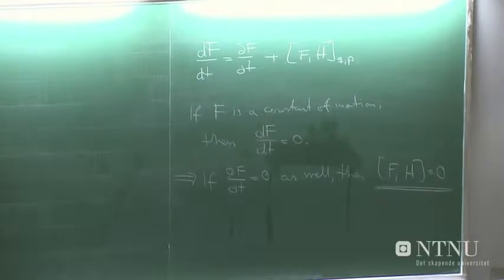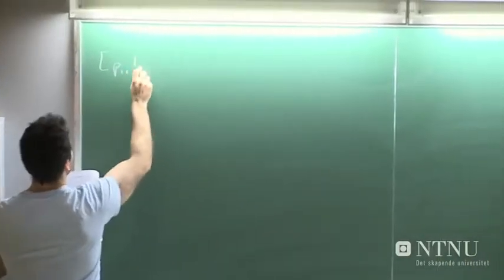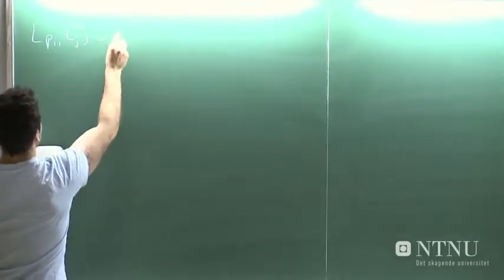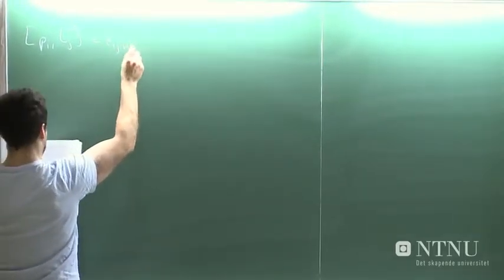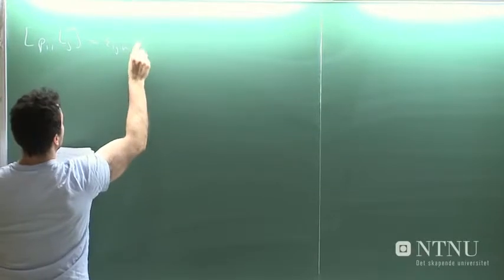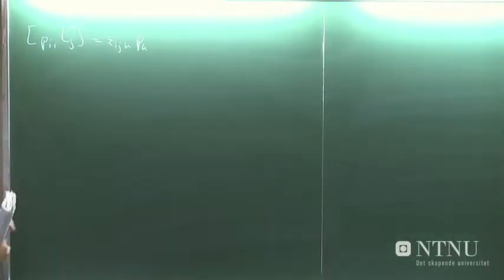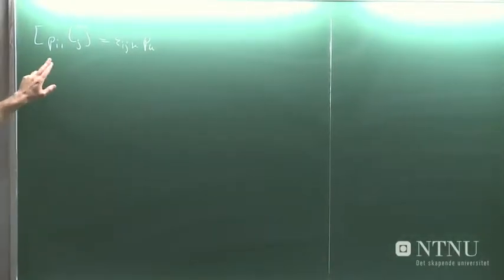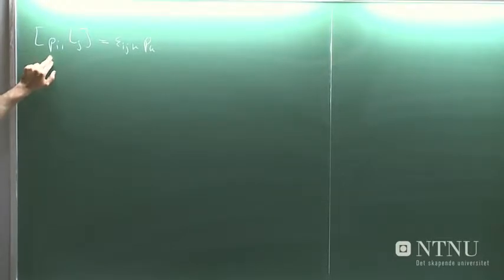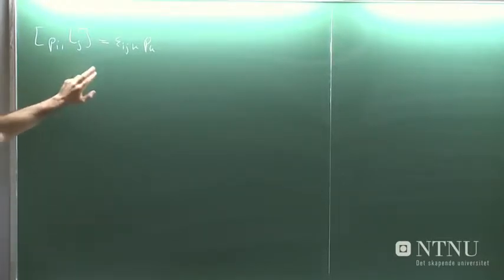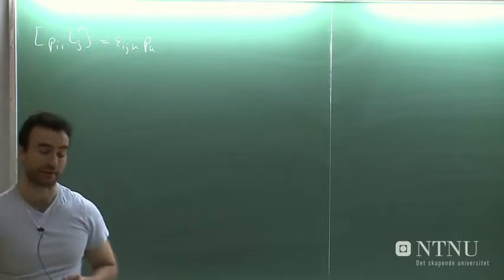And we had found that the following equation would be valid, where these are the components of the ordinary momentum, the components of the angular momentum, and epsilon ijk is the Levi-Civita tensor.